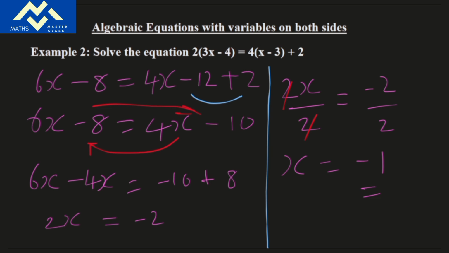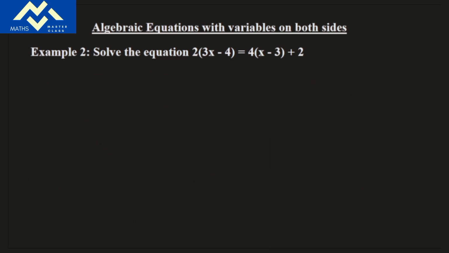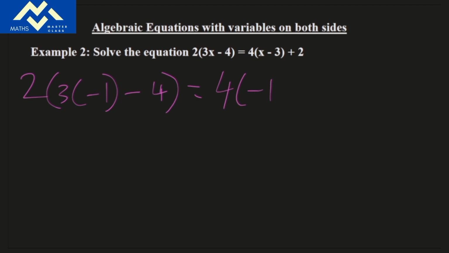Let's verify and see. 2(3 × −1 − 4) = 4(−1 − 3) + 2. 3 times minus 1 is minus 3.